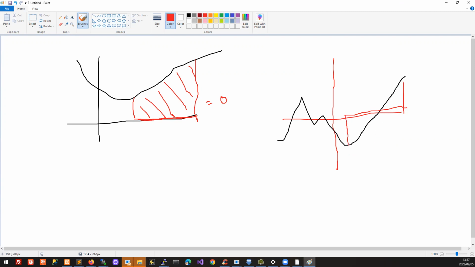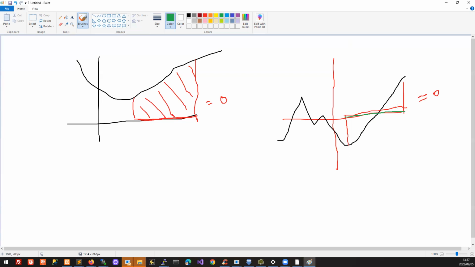So that's one possible case. The other possible case is that the function is 0 everywhere in the space. If it is 0 everywhere, then the integral under it will be 0 as well. So that's the other possibility.